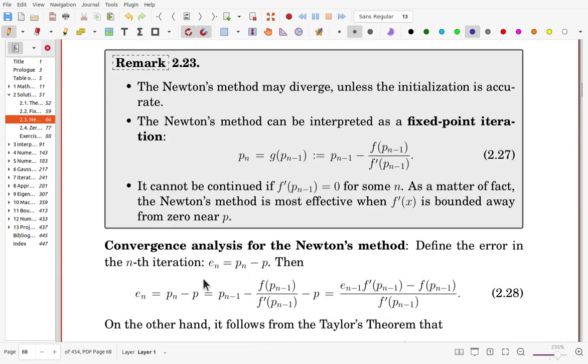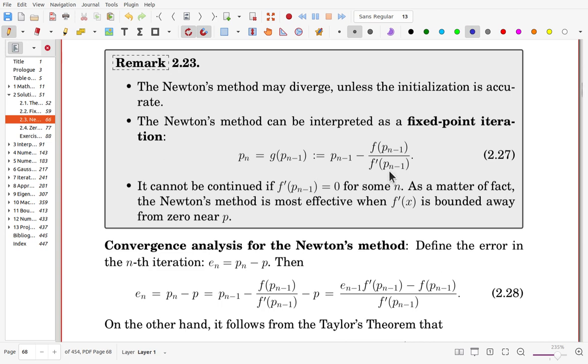Here we have remarks. Newton's method may diverge unless the initialization is accurate. Newton's method can be interpreted as a fixed point iteration. Once we define the right side as g of pn minus 1, then that is exactly a fixed point iteration.